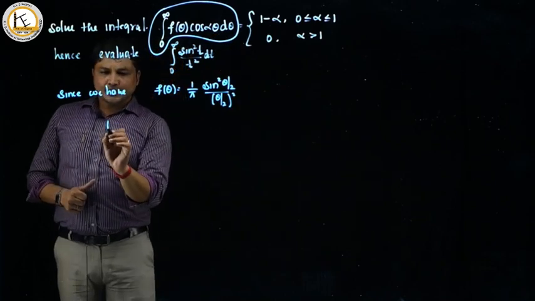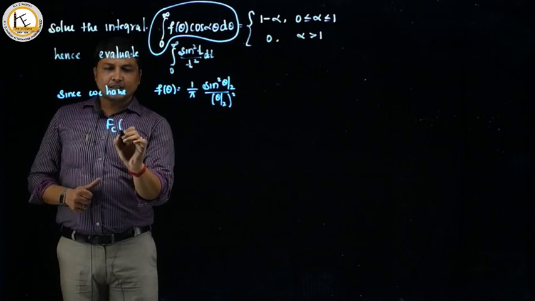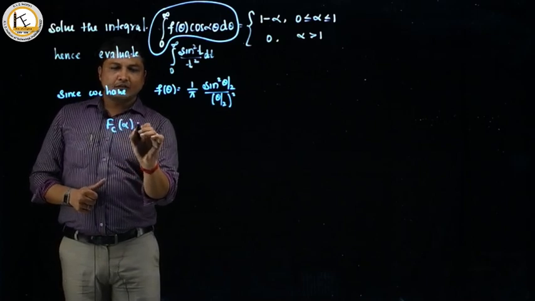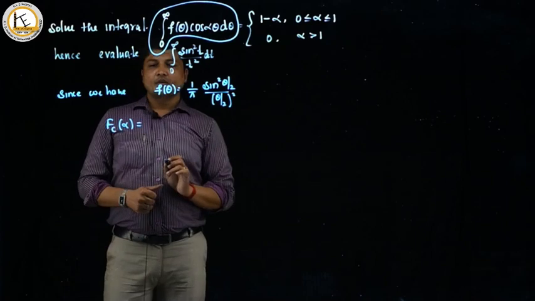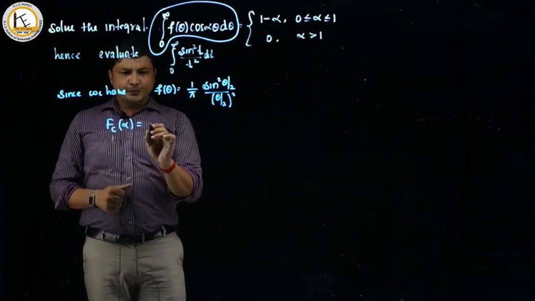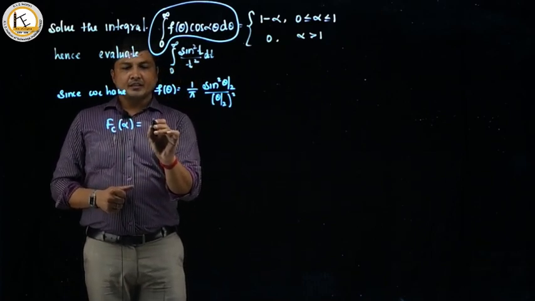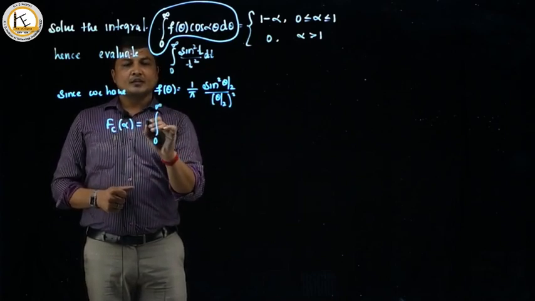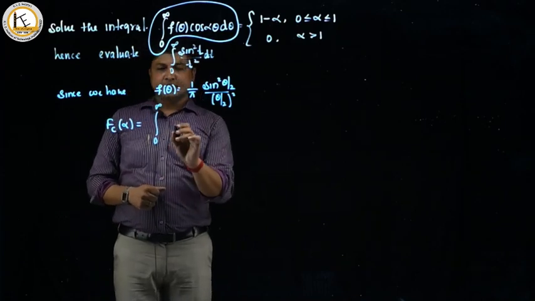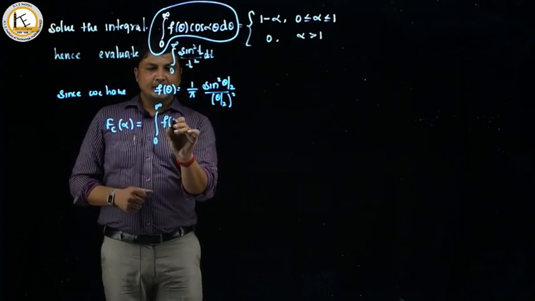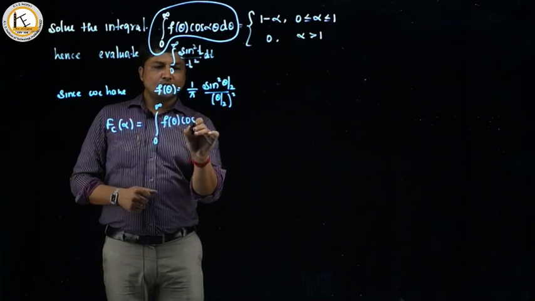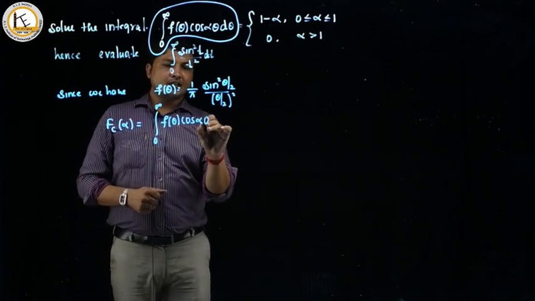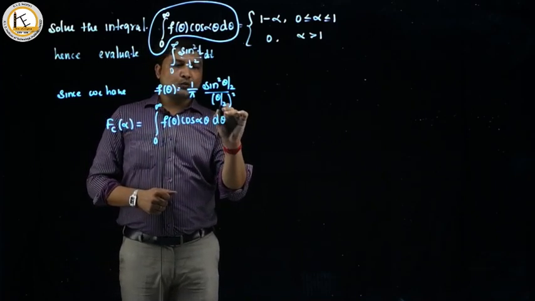Therefore, the cosine transform formula: fc of alpha is equal to integral 0 to infinity f of theta into cos of alpha theta with respect to theta.